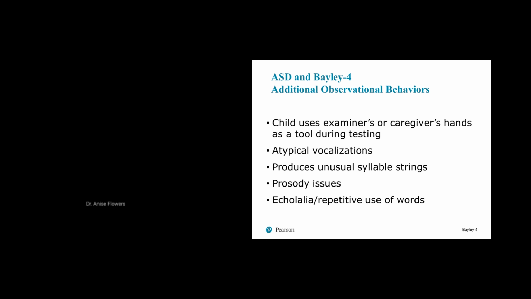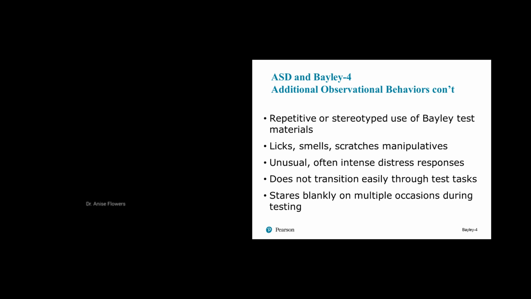Do they produce unusual syllable strings? Do they have prosody issues like no inflection, speaking like a robot, unusual voice quality? And do they use echolalia, repetitive use of certain words or phrases? See that a lot, actually, repetitive use of phrases from Disney movies and things like that.